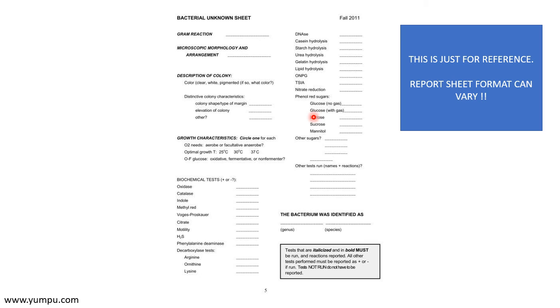You have to try to perform a minimum of 15 biochemical tests, and other sugars for fermentation, oxidation tests, etc., that you have to report. And other than biochemical tests, if you find any other test important for this particular culture and you have performed it, then you have to write about that test here.